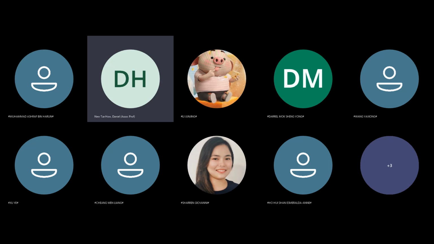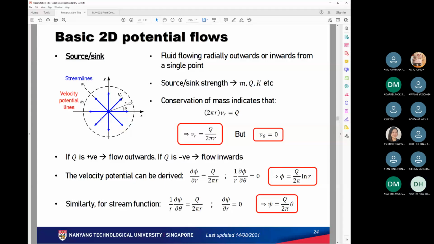Okay, so this is a source and a sink. You see, this is a source. How do we know? Because fluid, as indicated by the blue streamlines, is coming up from the one point. So that means flow is flowing outwards from this one point, and in that case the strength of the source will be a positive number.